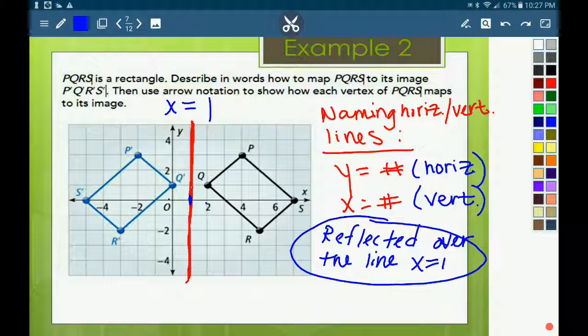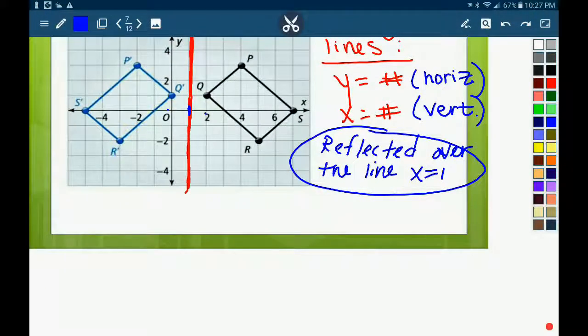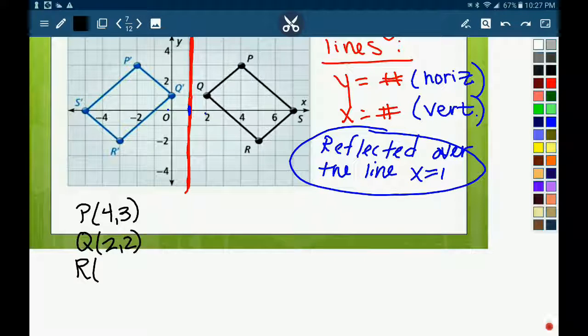The last thing they wanted us to do was to show arrow notation. So I'm going to move my example up here, and I'm going to write my arrow notation just below. I have P, which again, I'm just reading right off the graph. P I'm seeing is at 4, 3. Q is at 2, 2. R is at 5, negative 2.